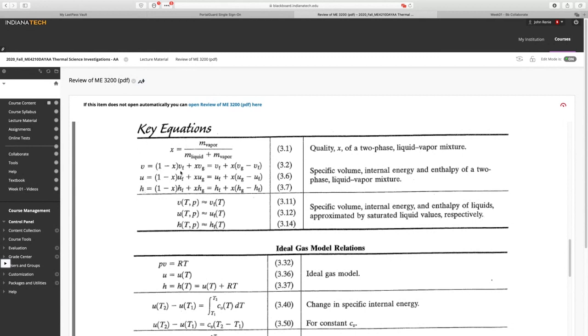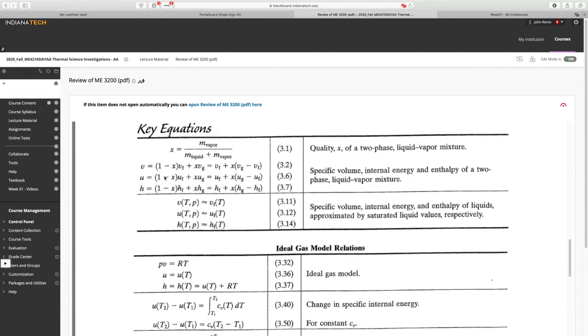Each of these is related to the volume, internal energy, and enthalpy at the saturated liquid point, which is all the way to the left, plus this fraction of the range across the dome times the specific volume, internal energy, and enthalpy at the saturated vapor point minus the same at the saturated liquid point.